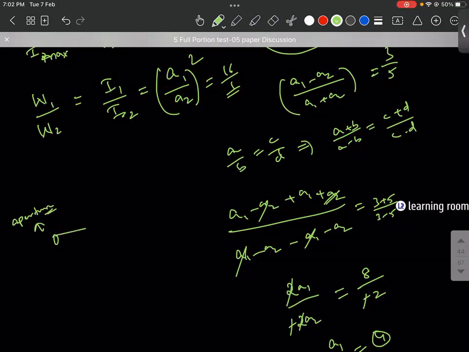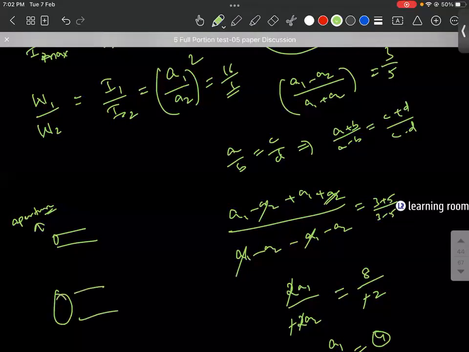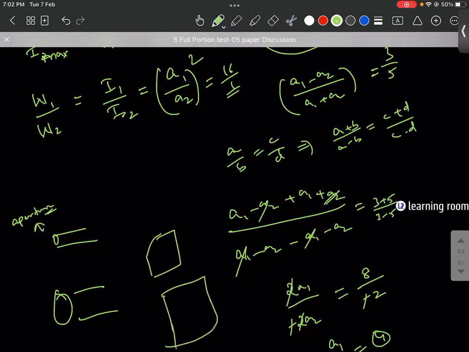So the more the width, the more the intensity. If you have a smaller window and a bigger window, which one will allow more light to pass through? Same logic. So it's directly proportional to I1, directly proportional to intensity and to amplitude square. That's the answer.